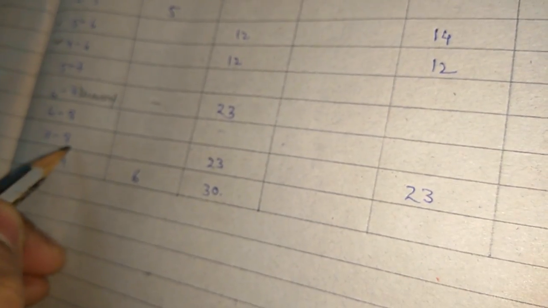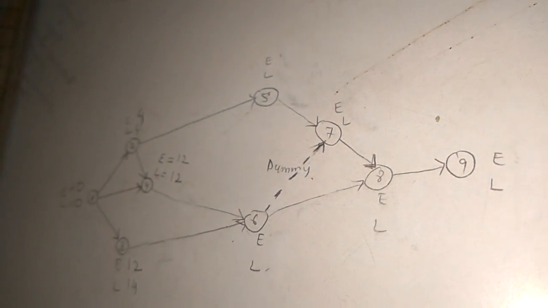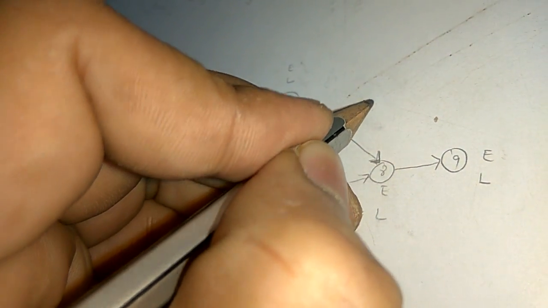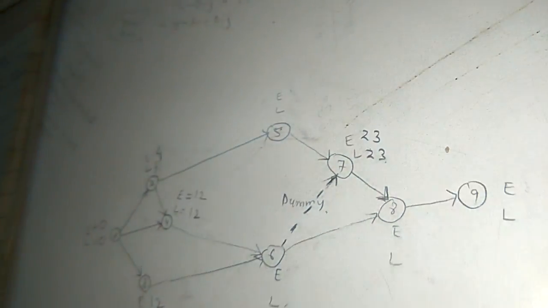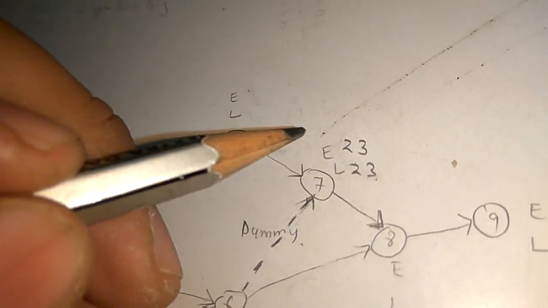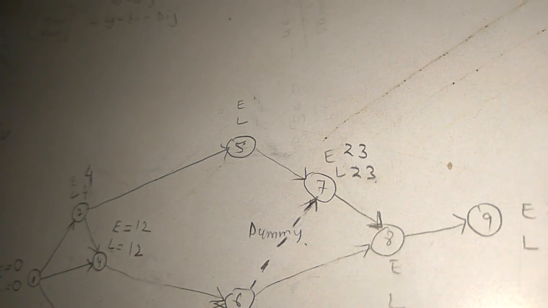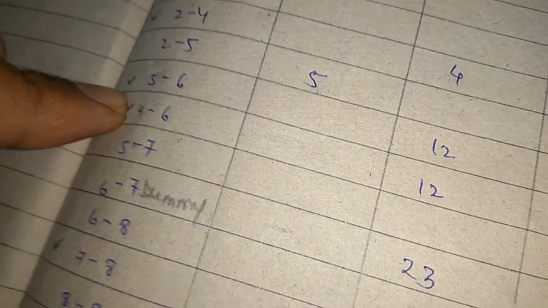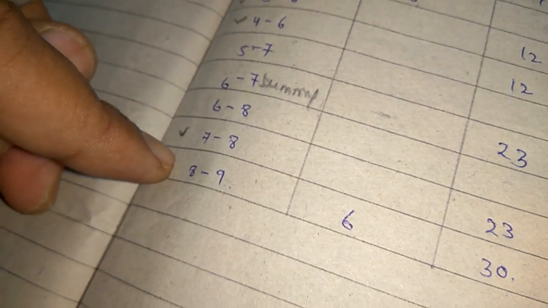Next one is 7 to 8. Between 7 to 8, EI is 23 and LJ minus DIJ is also 23. Both are the same. We have already completed 2 to 4, 3 to 6, 4 to 6 and 7 to 8.